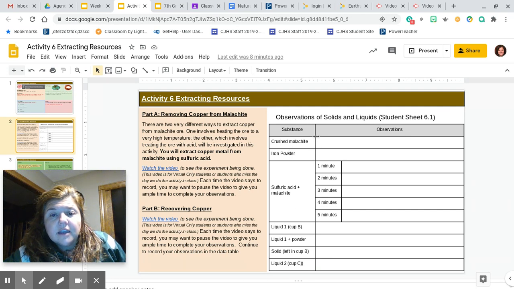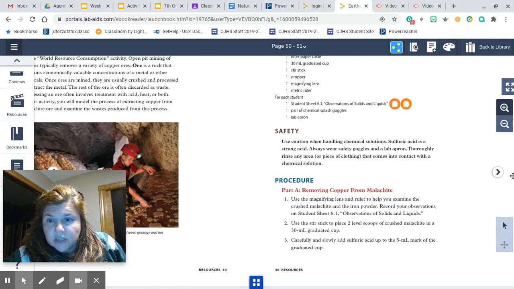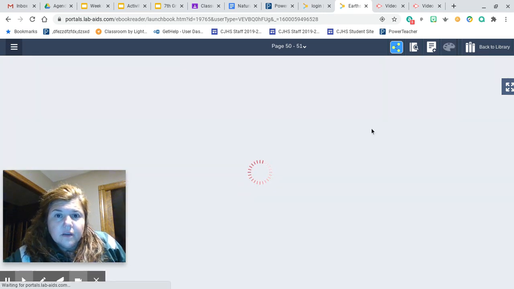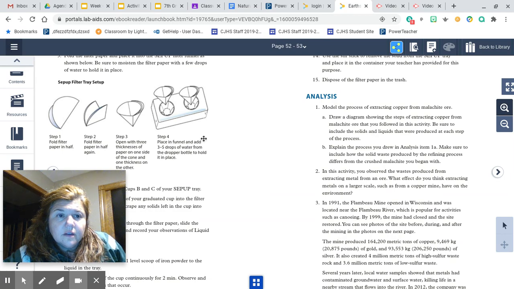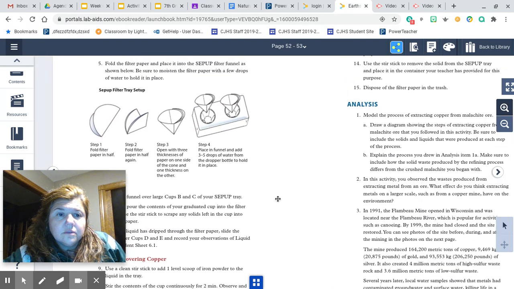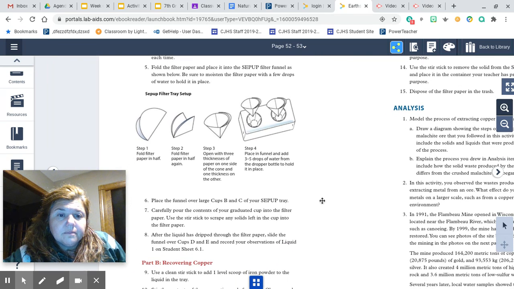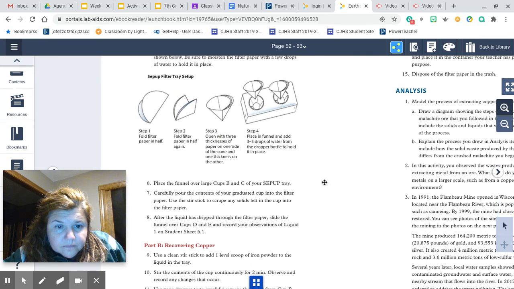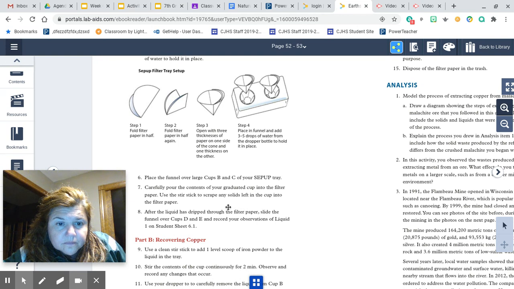This, I believe, gets you through Part A. And then starting here where it says liquid 1, that is going to start Part B, I believe. Let me double check though. Oh, I'm sorry, I misspoke.